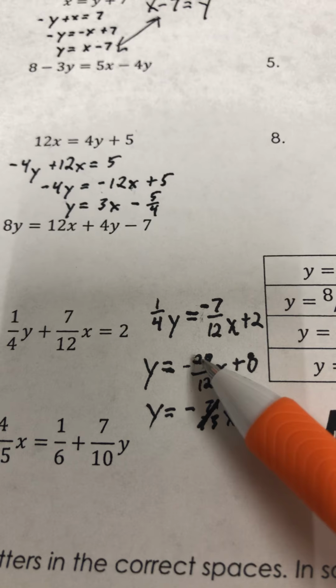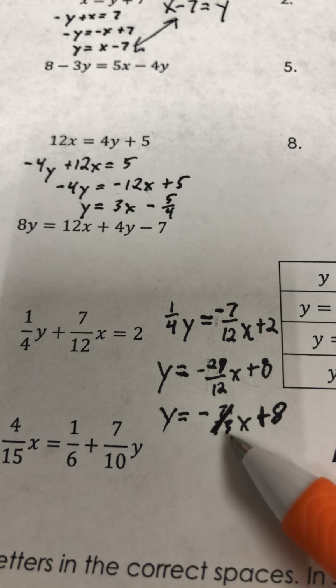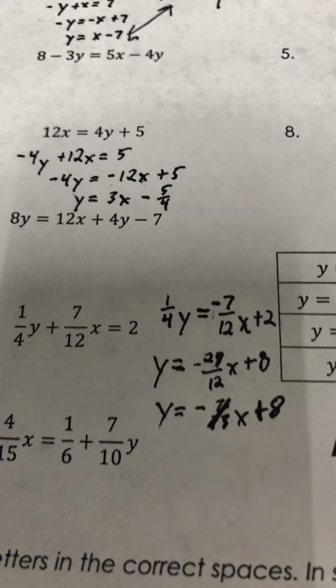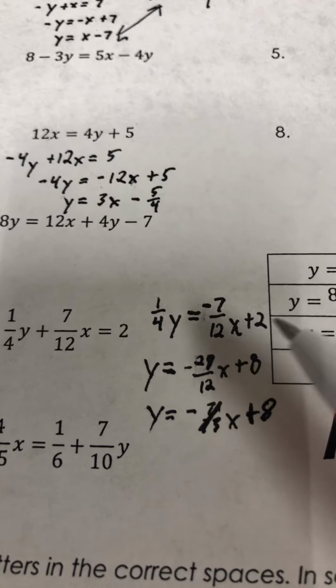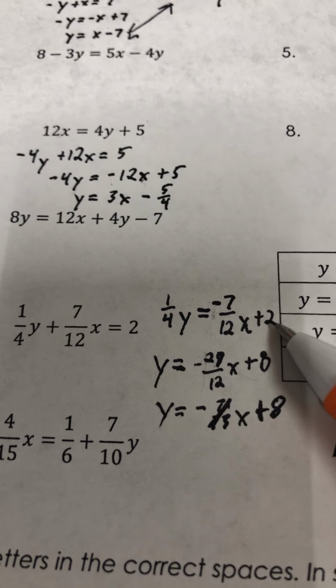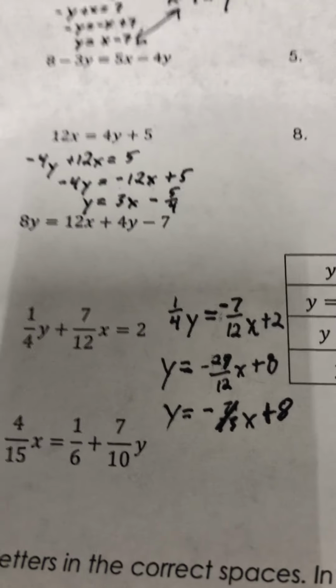So that becomes -28 over 12. That simplifies if I divide both the top and the bottom by 4: -7/3 x. And I have that 8 there because when you divide 2 by 1/4, you get 8. You're just multiplying by the inverse.